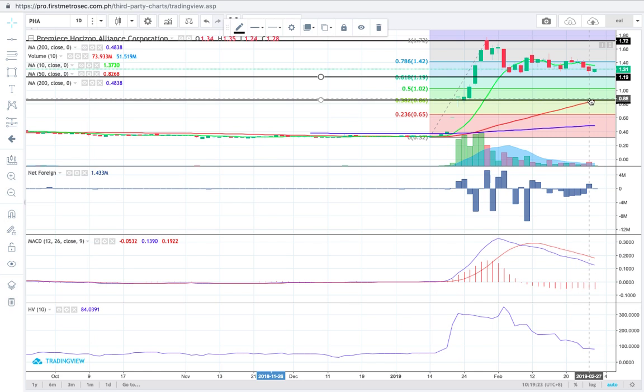But if the price draws closer to 1.20 and you see demand coming from the traders to buy the stock up, especially a green candlestick with volume above the 10-day volume average as it draws closer to 1.20, then consider doing a test buy.